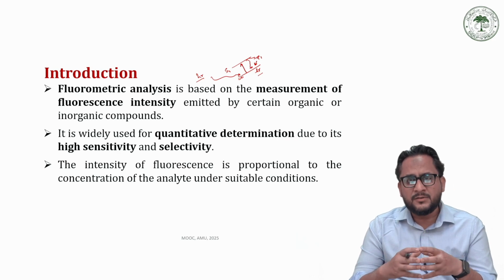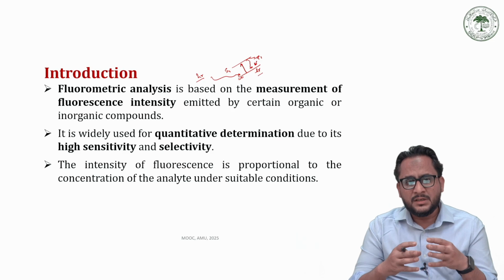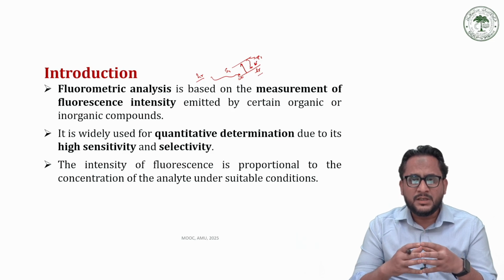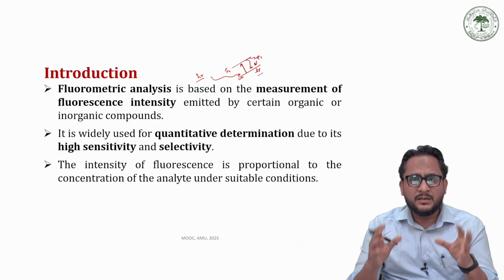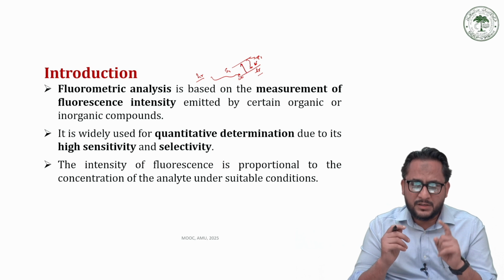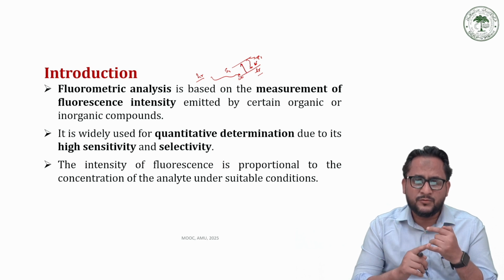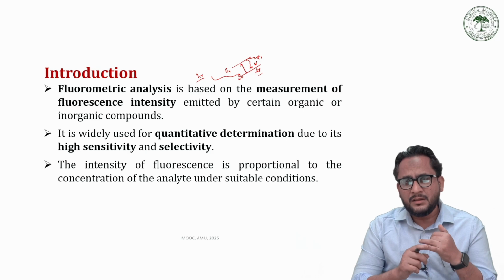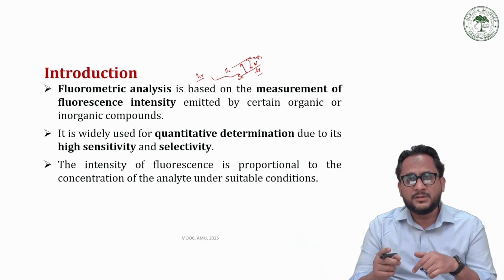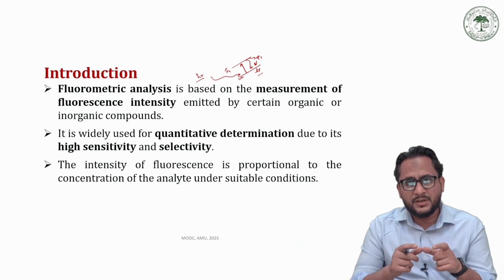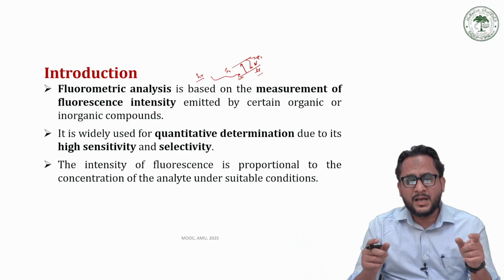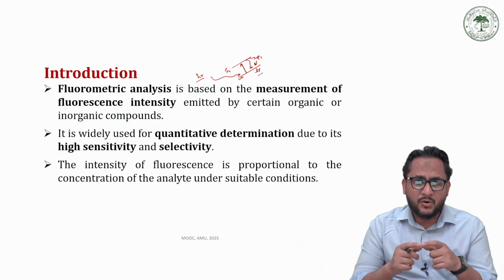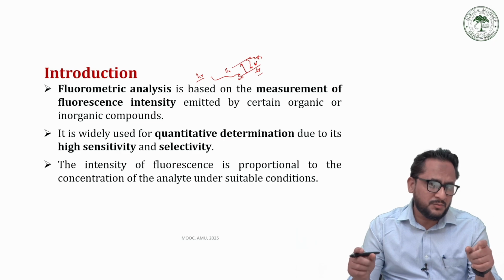Although it is sensitive, there are certain approaches that can be used even for compounds that are non-fluorescent, which we have already discussed. The direct method is used to study the fluorescence properties of naturally fluorescent compounds. Then there are indirect methods that can be applied to molecules that do not fluoresce. In this way we are broadening the application area of these fluorescence methods.